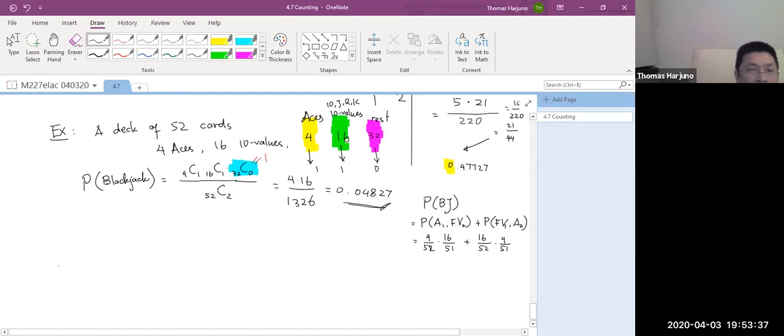Suppose, for example, I have 10 cookies, and let's say 5 chocolate cookies, and then 3 mint cookies, and then what else?